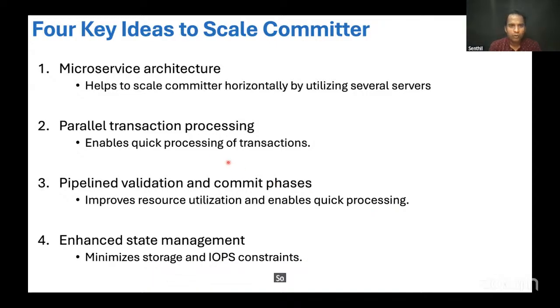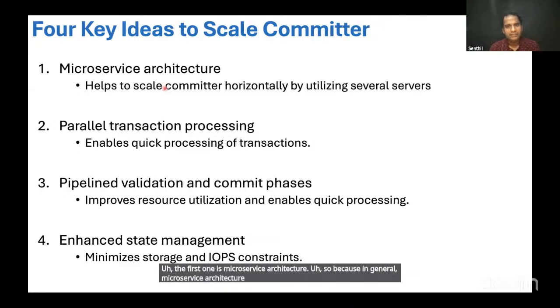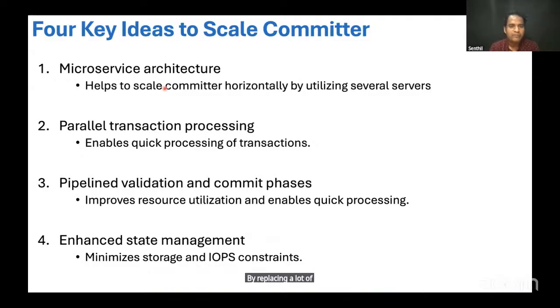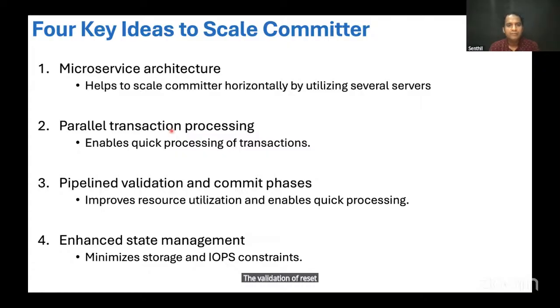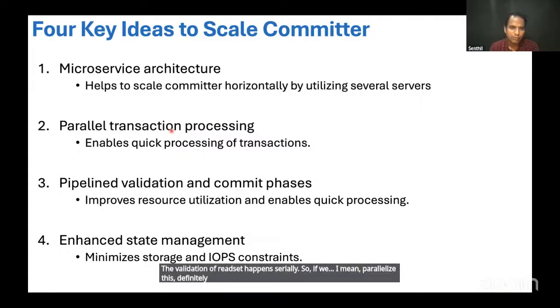There are four key ideas that we had in mind to scale the committer. The first one is microservice architecture, because in general, microservice architecture allows us to scale things horizontally by utilizing a lot of physical servers. The second one is parallel transaction processing, because as I said, in phase two, the validation of the read set happens serially. If we parallelize this, definitely we can see some improvement.